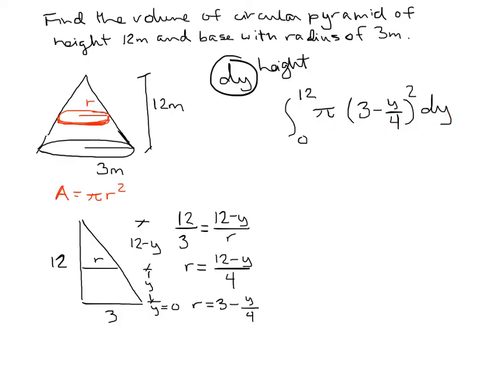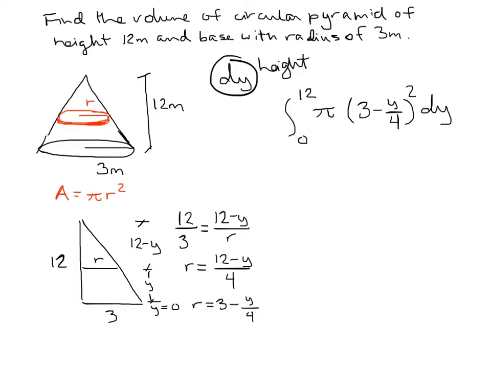I need y there, I need y there, and I need y in the bounds. So I had to change the radius and come up with these similar triangles to change the radius to y's, and then I could do pi times that new radius with y squared. That's in terms of y. My bounds are in terms of y. Okay, hopefully that clarified. And I think we can now integrate.